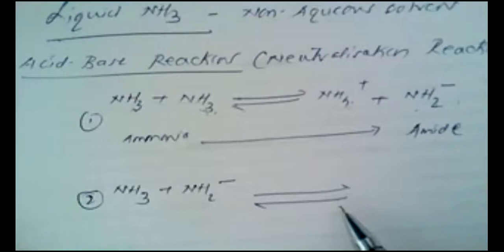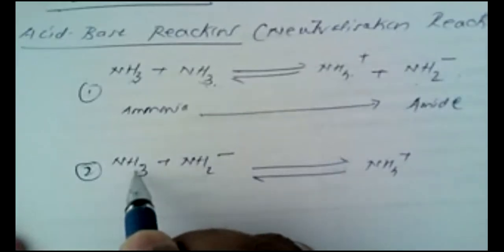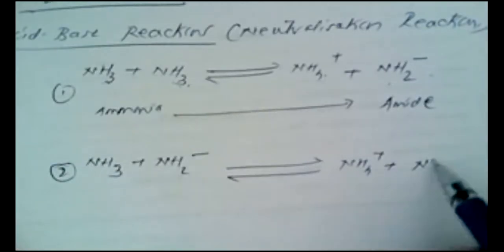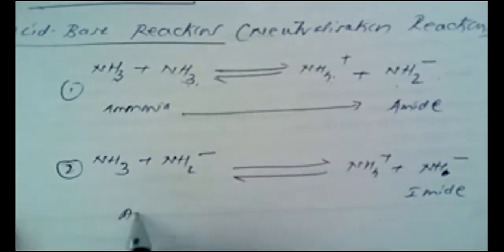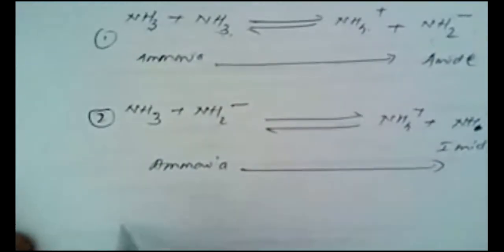This is the second reaction. The NH2 minus, that is amide, again gives its proton to NH3 so as to form NH4 plus and NH2 minus, which becomes NH minus. This is known as imide. So here liquid ammonia can form this imide in the second reaction.